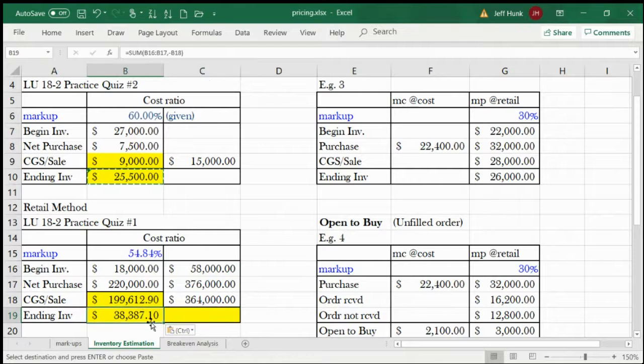Also, I can drag it to the right, and then I can find the ending inventory in price. Wherever there is a yellow highlight, that means that's the solution cell, so you have to give a solution to the yellow highlight.